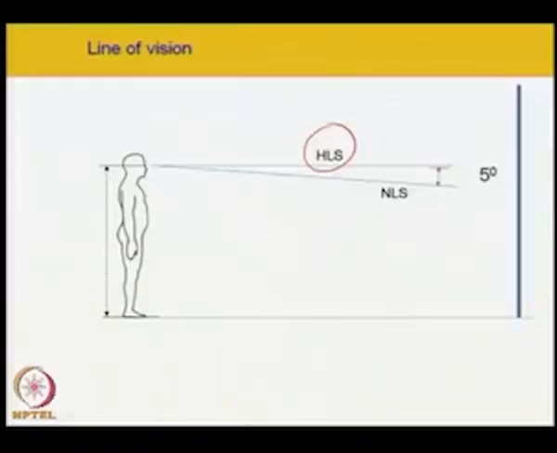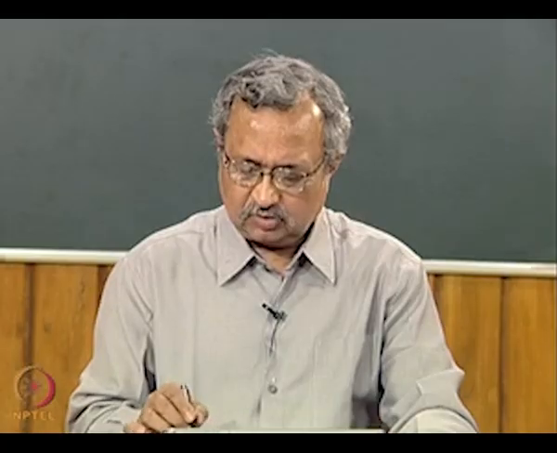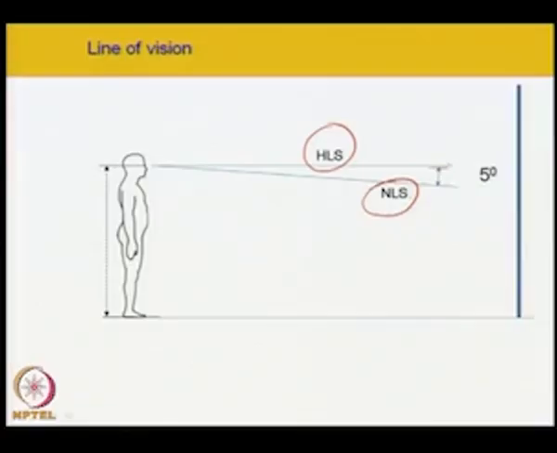That 5 degree inclination below is called the normal line of sight. So, we should keep all the important visual items at eye height level, below 5 degrees, that is the normal line of sight.